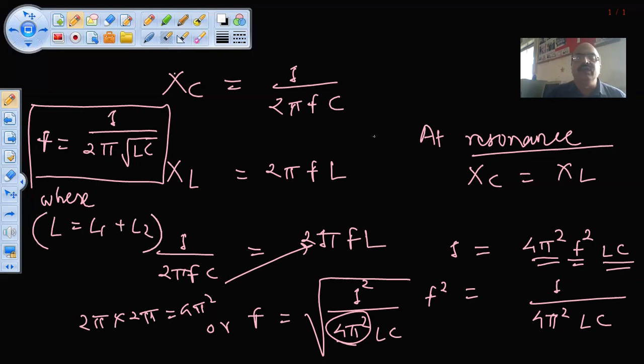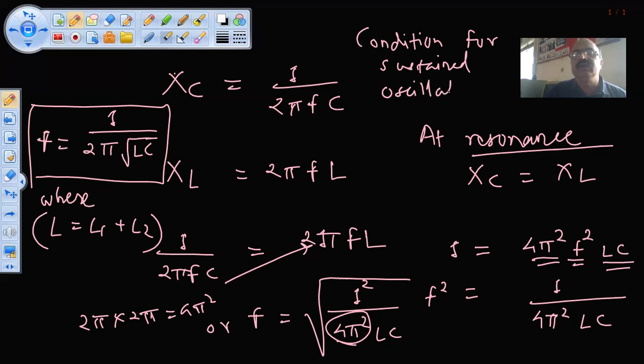Now, what is the condition for feedback? Or we can say the condition for sustained oscillations. The oscillations कायम राहण्यासाठी, condition काय आहे?